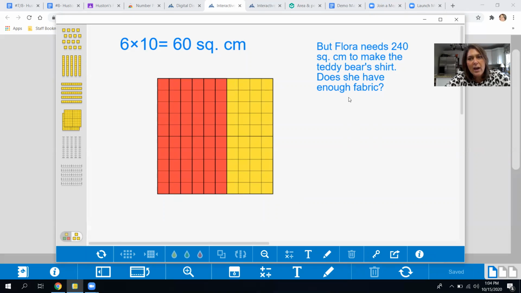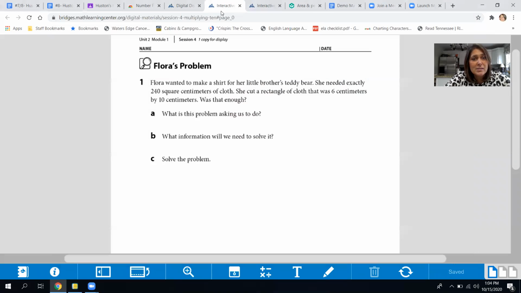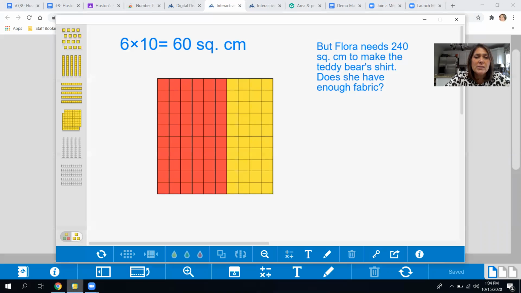So does she have enough fabric? What did the problem ask? It said she needed exactly 240 square centimeters of cloth. Well, as you can see, she only has 60 square centimeters. So she doesn't have close to enough fabric to make this teddy bear a t-shirt.